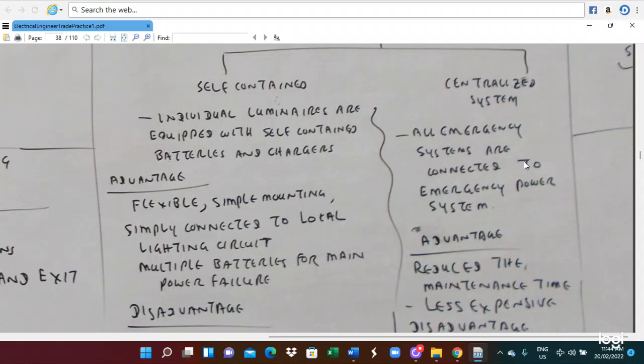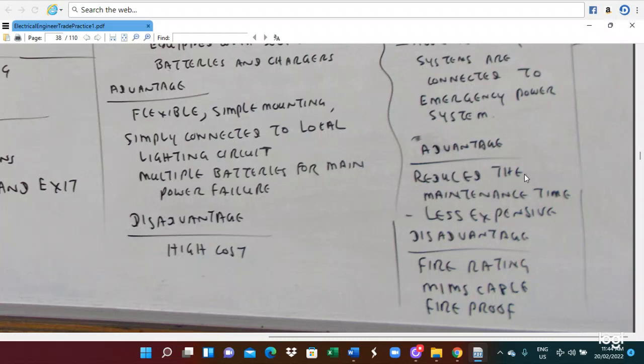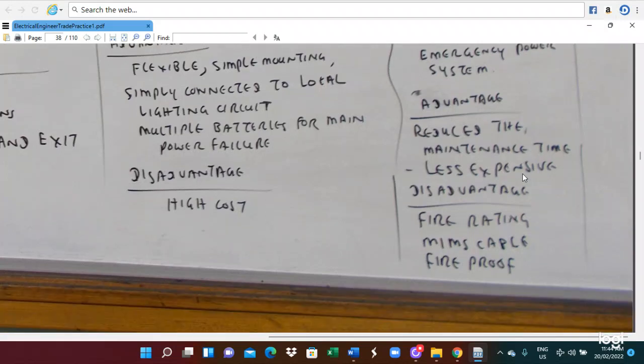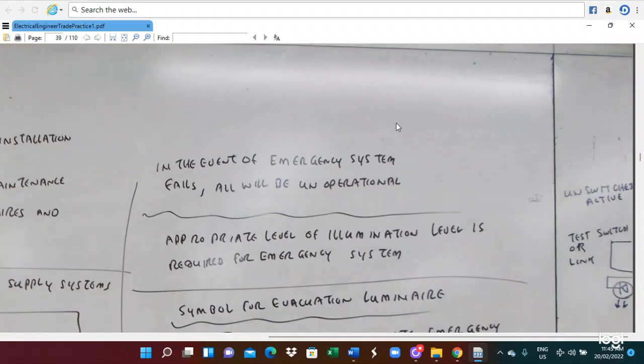The advantage is reduced maintenance and lower expense, but the disadvantage is that when a fire happens, the cables need to have a fire rating. We might use MIMS, mineral insulated metal sheathed cables, and they must also have fireproofing. So this is the installation of the emergency system, and this is the kind of emergency system we are explaining.